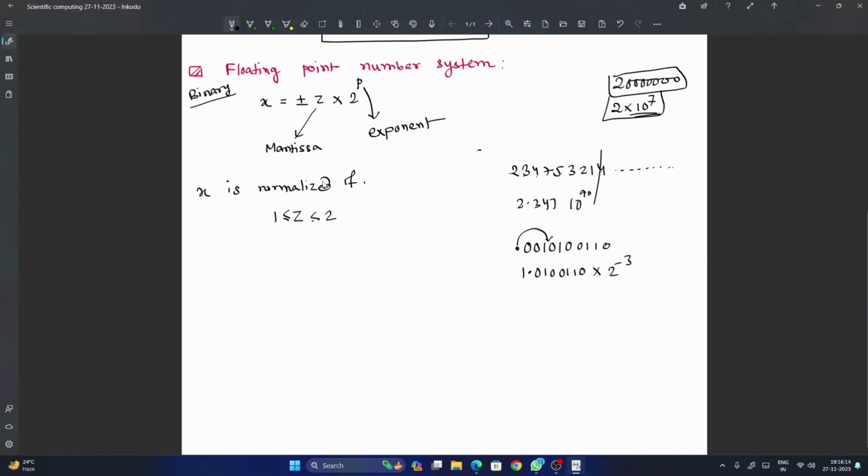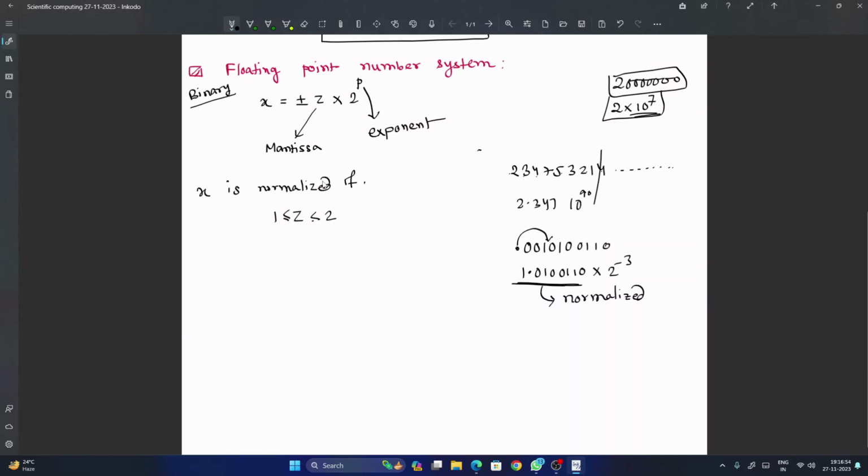Now this representation of the mantissa is a normalized mantissa. Whenever you use the normalized mantissa, you need a 1 at the starting point, the first significant digit, because the leading 0s are not significant. So you have to shift the point to after that first 1. This type of representation, where z is greater than or equal to 1 and less than 2, is what we call the normalized mantissa.